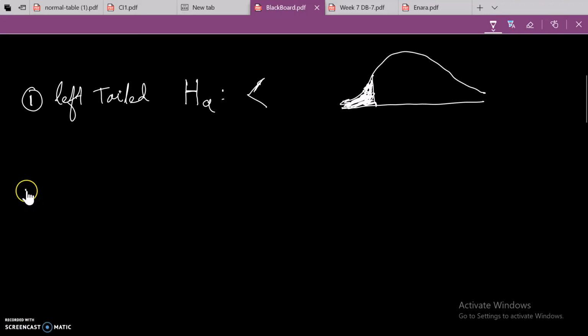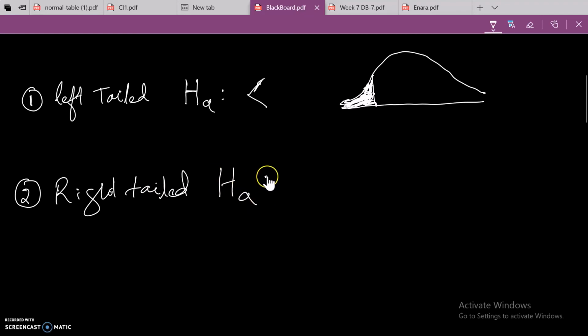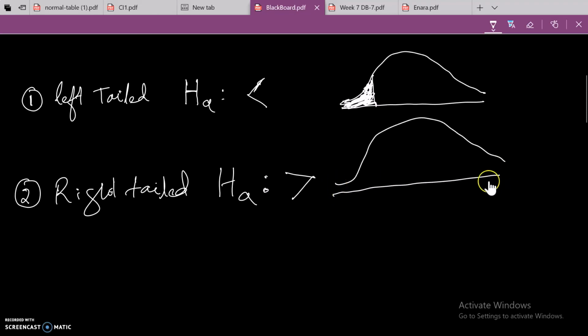Now, when will it be a right tail test? Let me tell you. A right tail test is also called the upper tail test. It applies when the alternative hypothesis contains a greater than symbol, right? If an alternative hypothesis contains a greater than symbol, it will be a right tail test. And how does it look in the picture? Let me make a normal curve here.